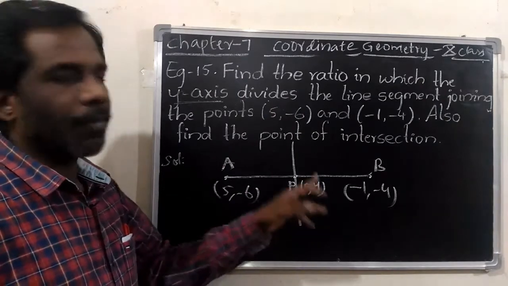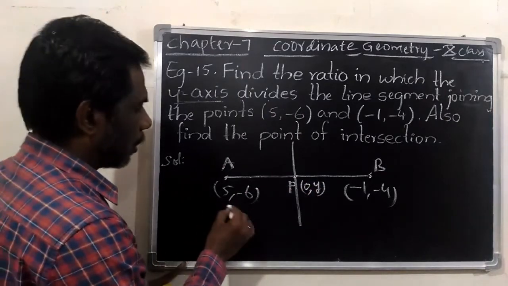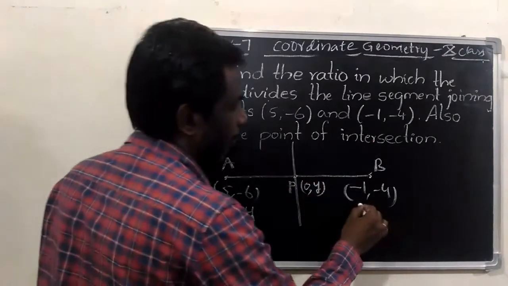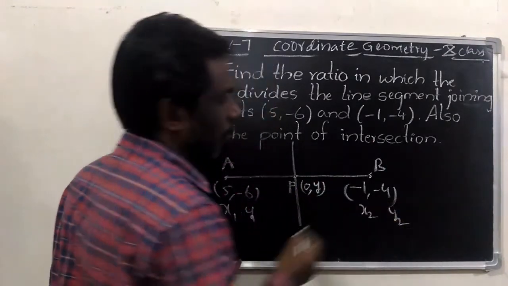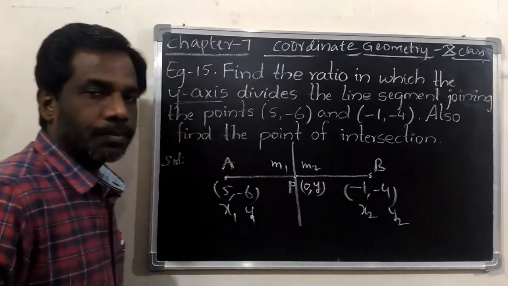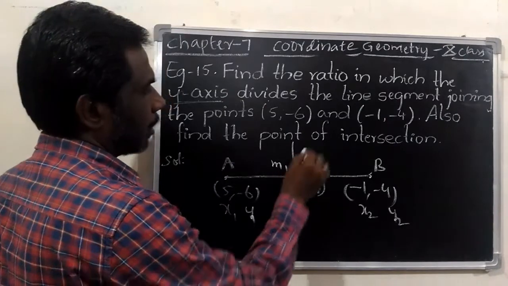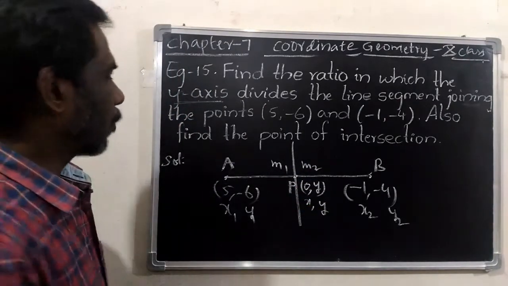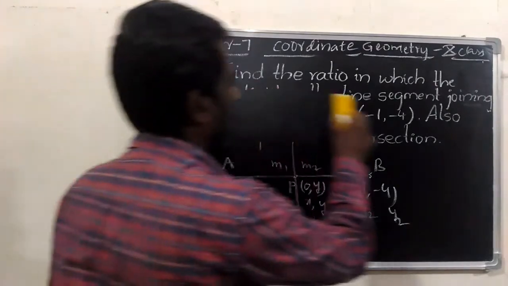P is (0, y). Let the first point be (x1, y1) and the second point be (x2, y2), and the ratio is m1 : m2. And the point of intersection is (x, y). Now I am going to write the section formula.